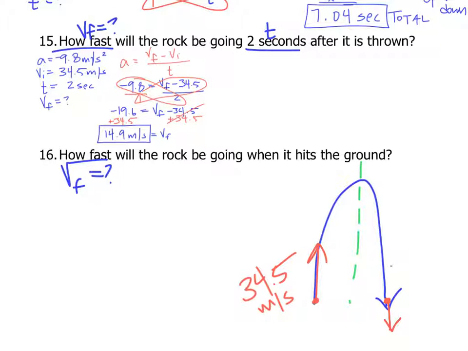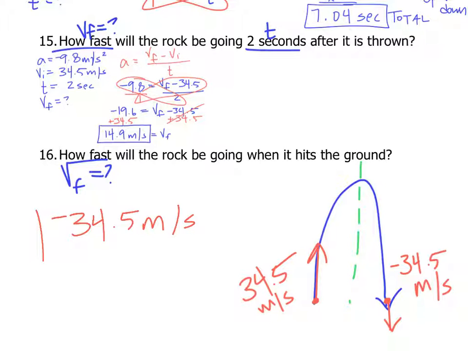So this should be a negative 34.5 meters per second. I don't even have to do the math because I know that both sides of my pathway are symmetrical. So the rock will be traveling 34.5 meters per second in a downward direction on the way back.